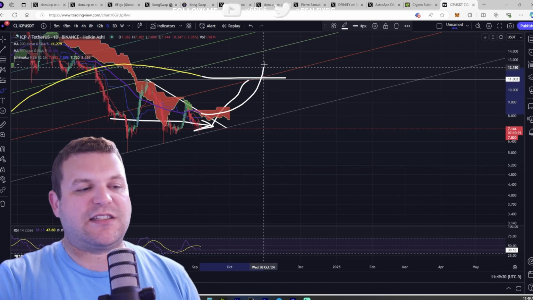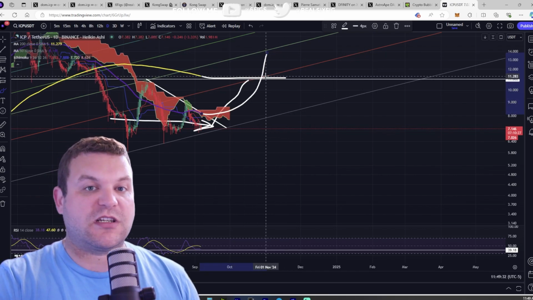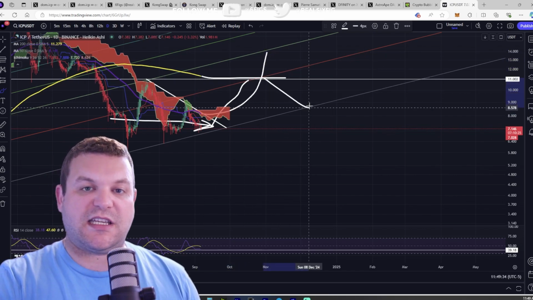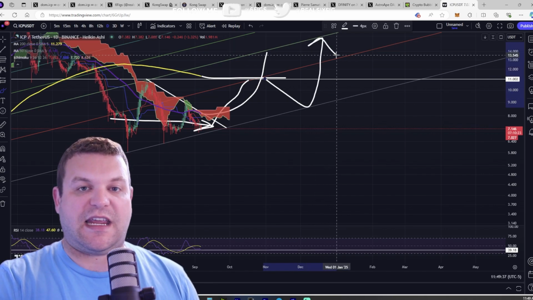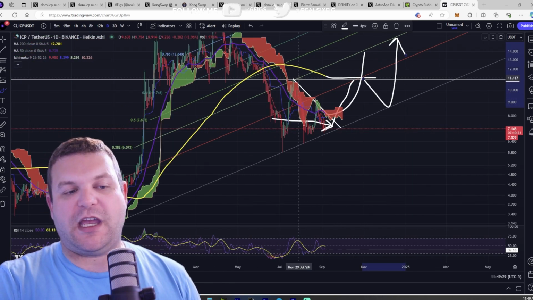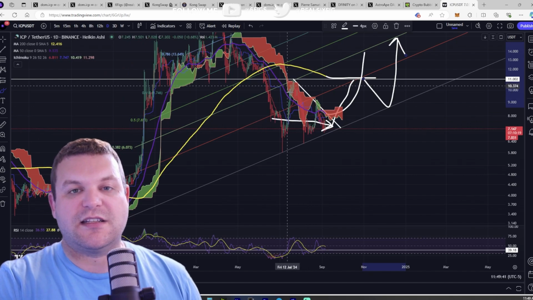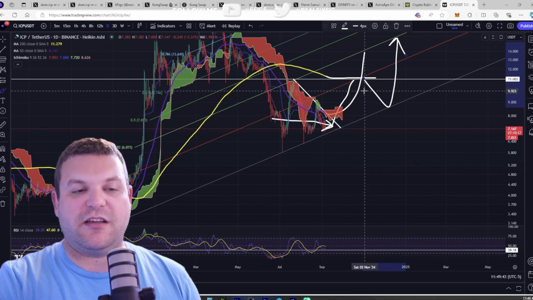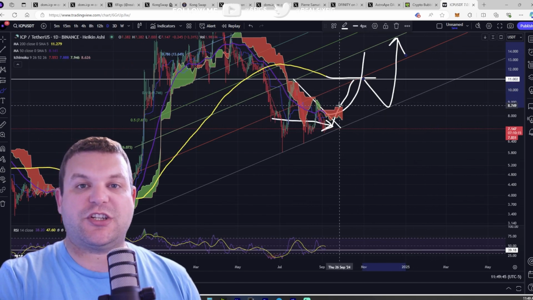And we might even see this 50 moving average form what's called the golden cross. And we might see another move like this happen. So I am hopeful that we might be able to get some sort of an ascending triangle here going into the elections. And I do think that it's going to be fully dependent on the United States elections on which way this thing goes.